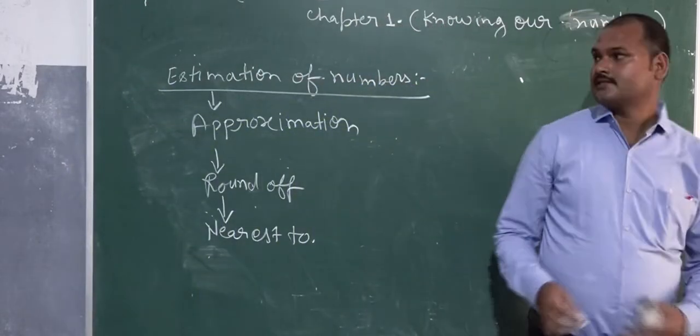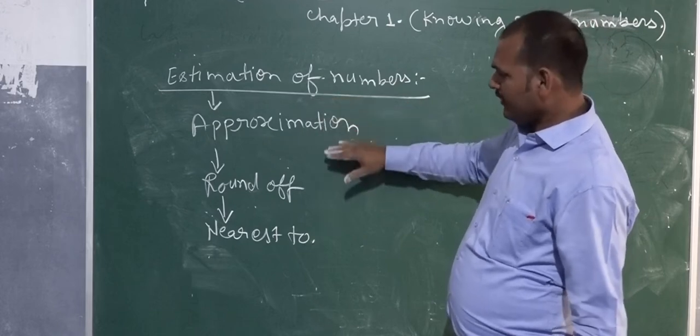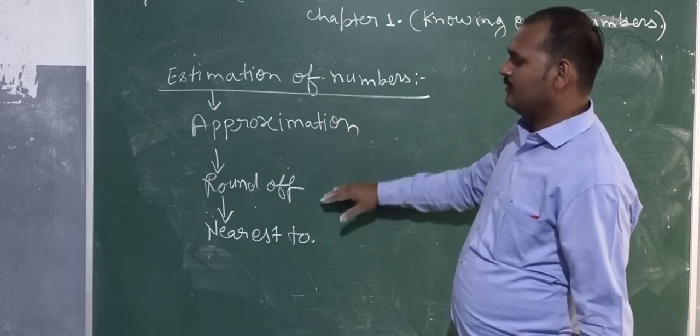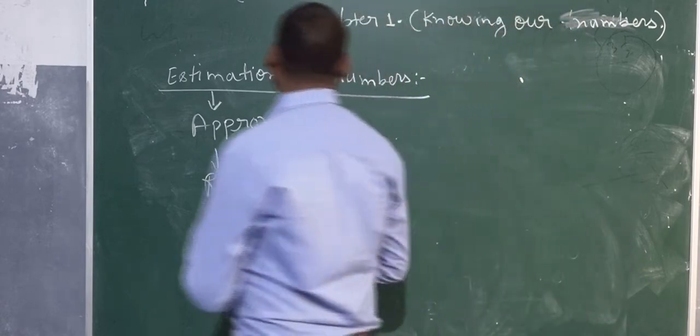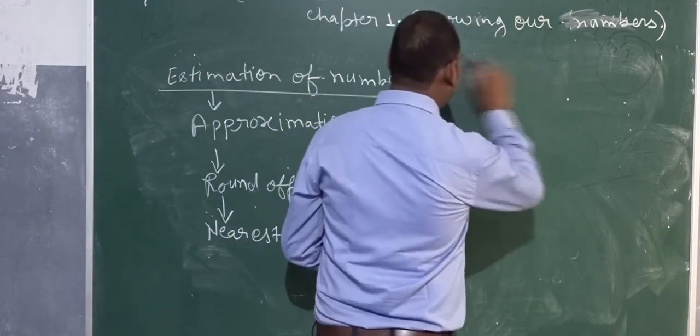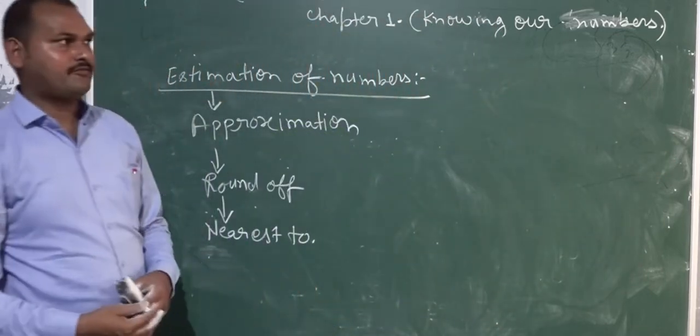This question is asked in many types: estimate the value, approximation of value, round off, nearest to. How do you understand this? There are many ways to estimate, means round off.